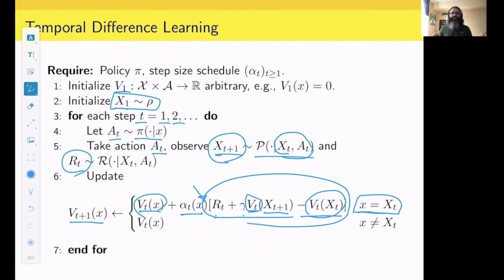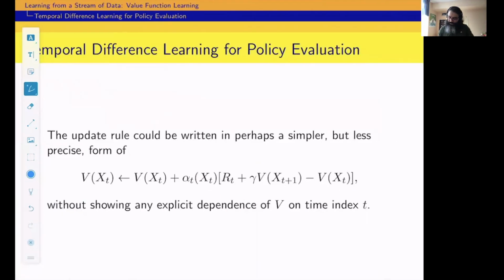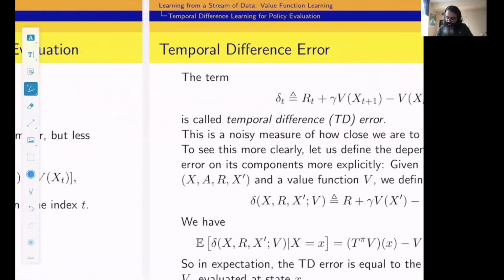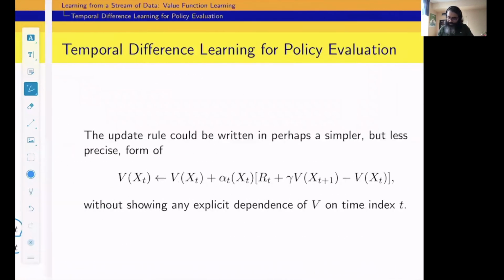So this is for the state that we just observed. For the other states, we don't change the value. We just copy the previous value. So if x is different from x_t, I just copy V_t to V_{t+1}.